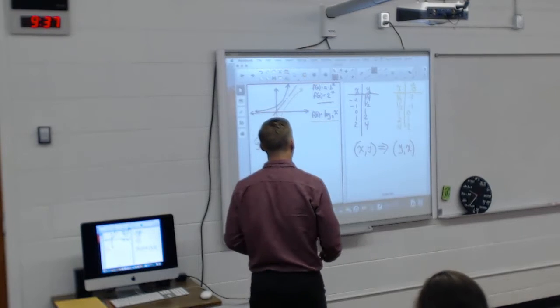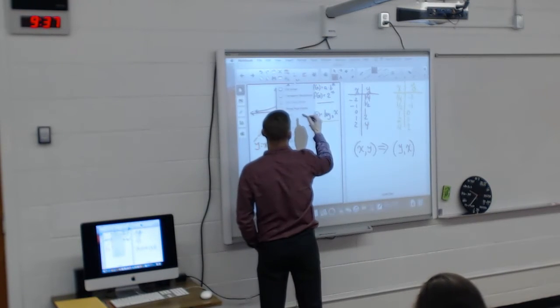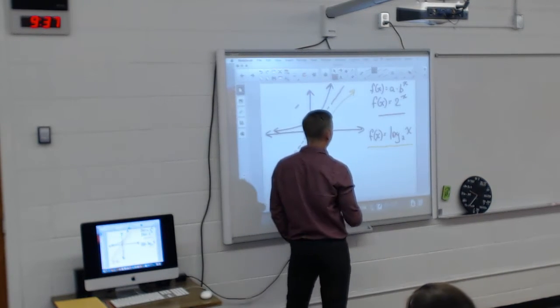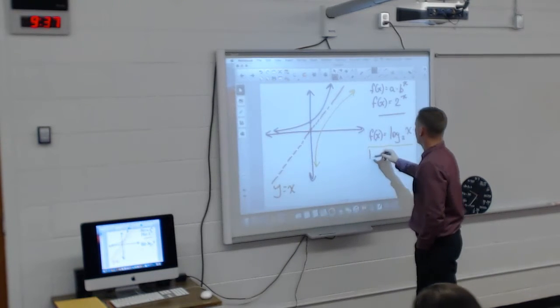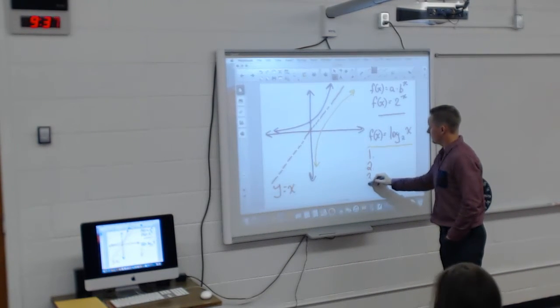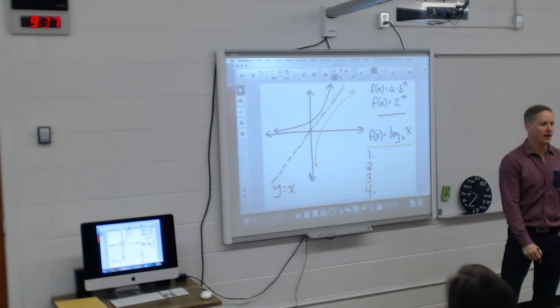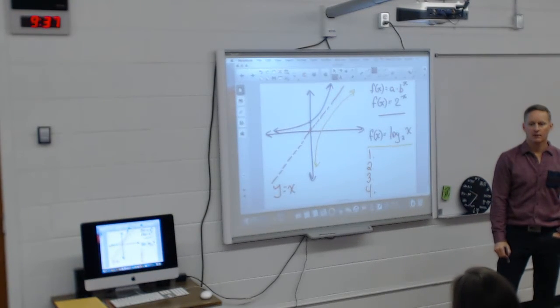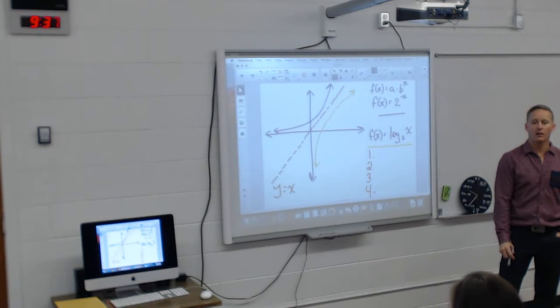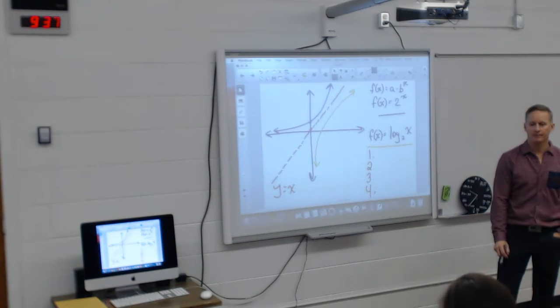So looking at the four characteristics of a logarithmic graph now. What's characteristic number 1? X-intercept is what?